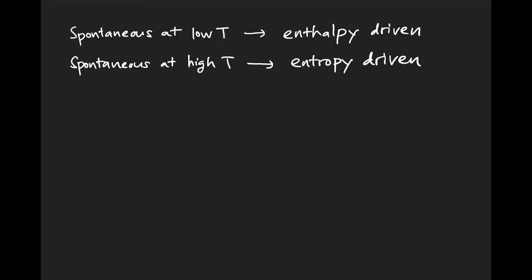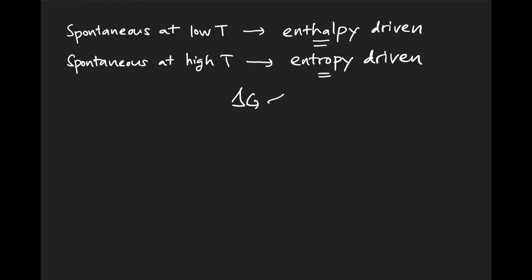This is due to the contribution of either enthalpy or entropy to make delta G negative. At low temperature, the enthalpy drives delta G to become negative, and at high temperature, the entropy instead drives delta G to become negative. So delta S and delta H can be used to calculate delta G, so you use this formula again.